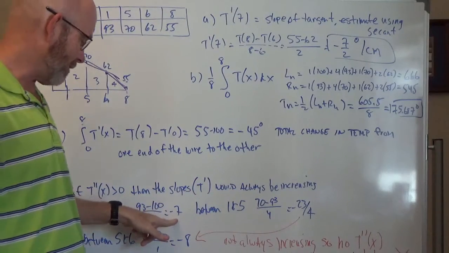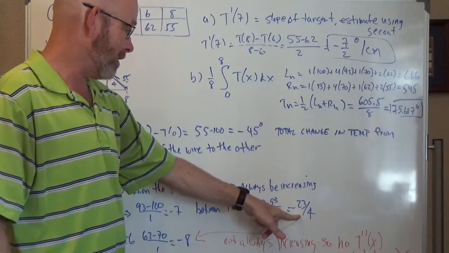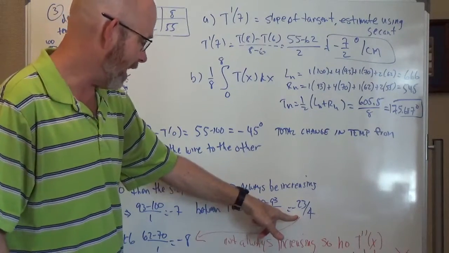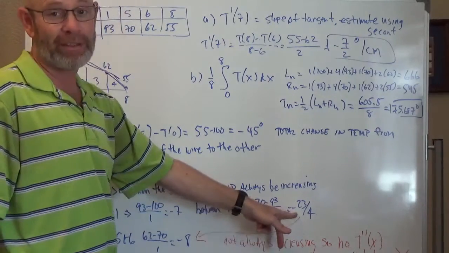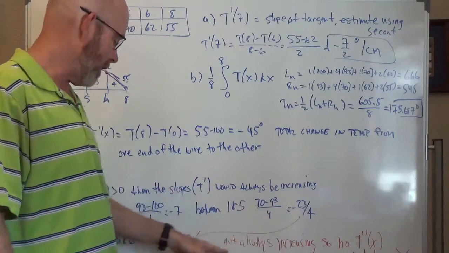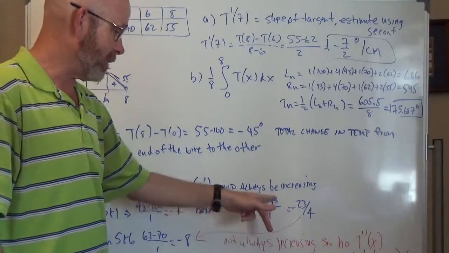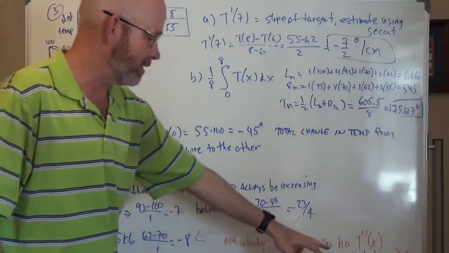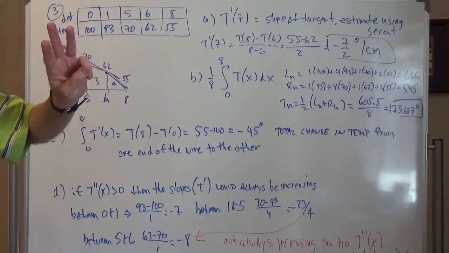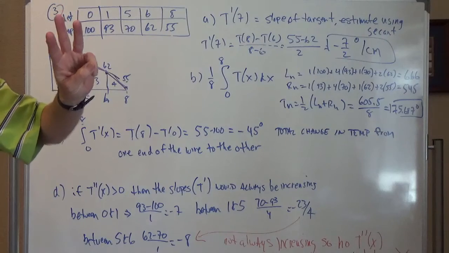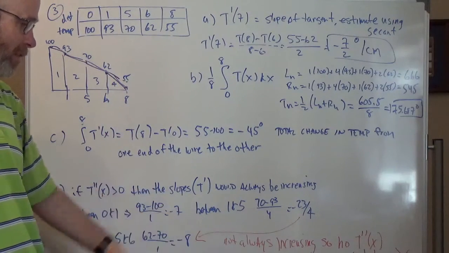The first one was negative 7, the second one was negative 6 3/4, then negative 5 3/4. So that is increasing at that point, going from negative 7 to something bigger, but then it goes back to negative 8, so it decreases again. So it's not always increasing. The first derivative is not always increasing, which means the second derivative is not always positive. 1 point for giving the idea of using those slopes, and 1 point for the final answer.